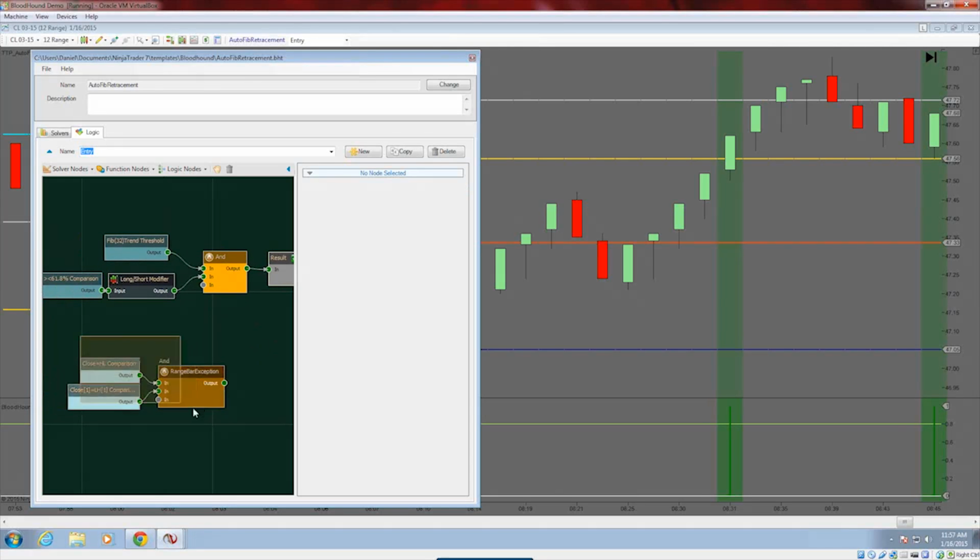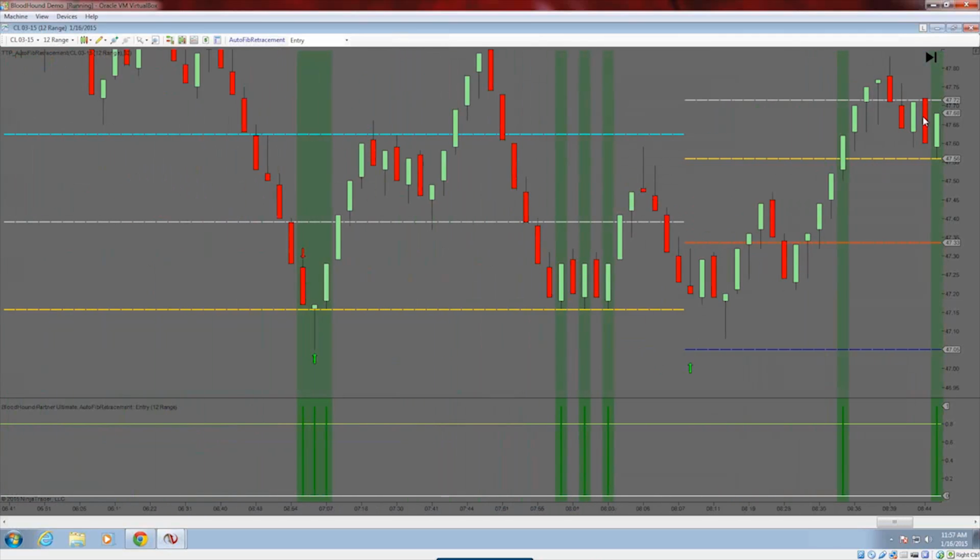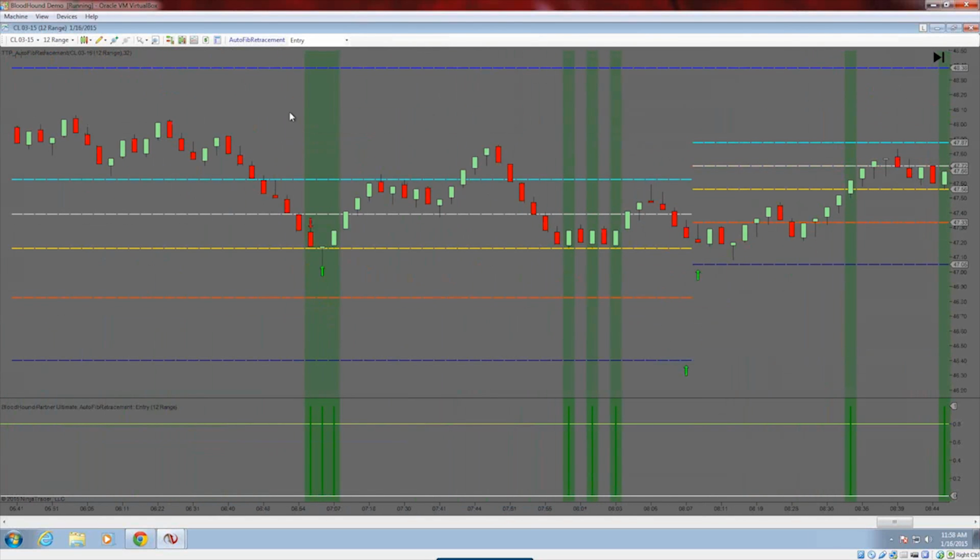And what I'll do now, let's switch it to a 1-minute chart, just so we can see how this works on a minute chart as well.